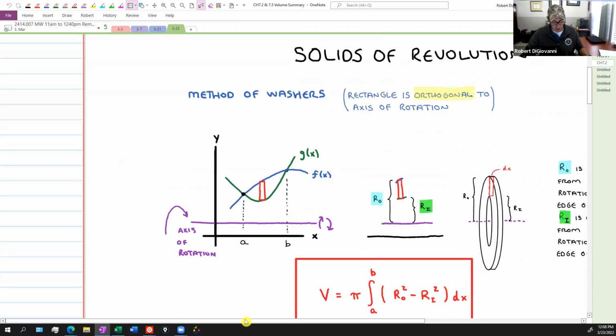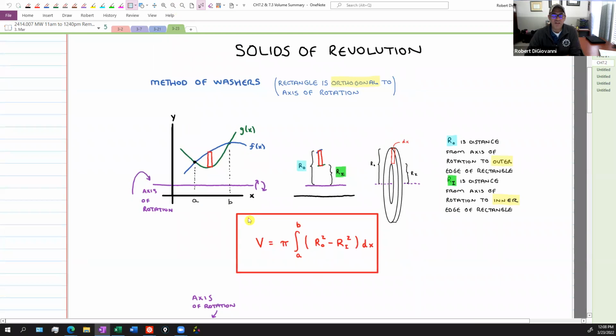Okay, these are the ones that are on Canvas for us. Maybe this will all make more sense now. If we're trying to do a solid of revolution using the method of washers. Okay, so method of washers is all you know right now. There's another method called shells, and I'm going to introduce that in a minute.